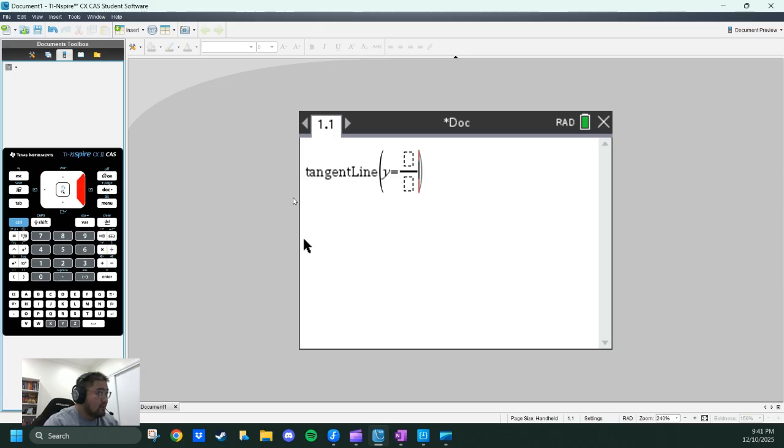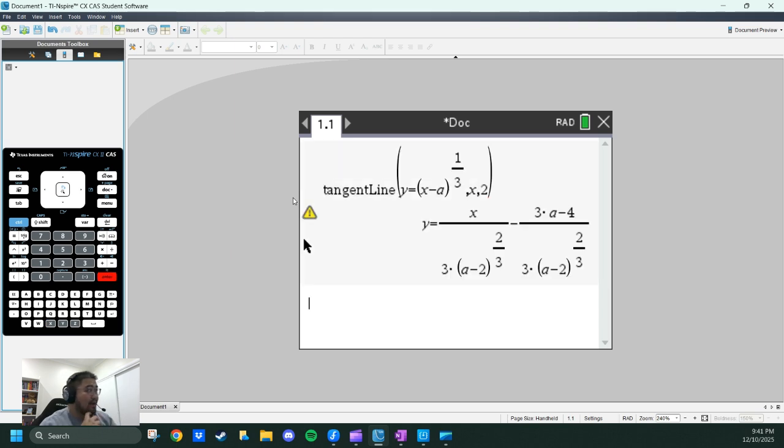Actually, sorry, no, it doesn't need that. So y equals x minus a, to the power of a third, comma x, comma 2. And we get that as our answer. Now, considering this is a multiple choice question, we need to then go and substitute the point that we're given in, which is 0, 0, because it's the origin.